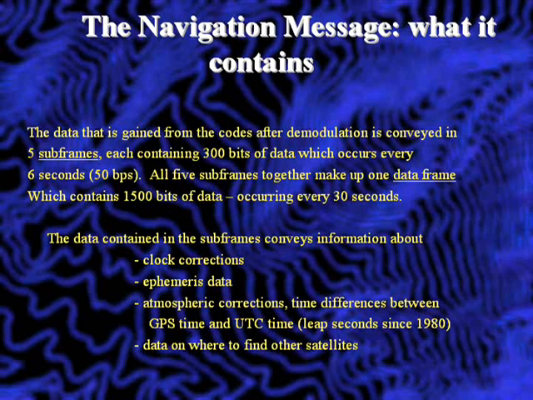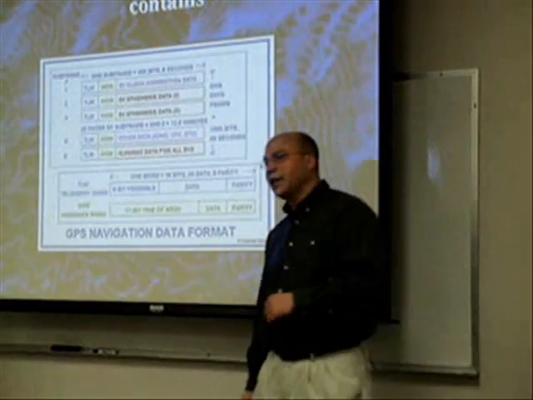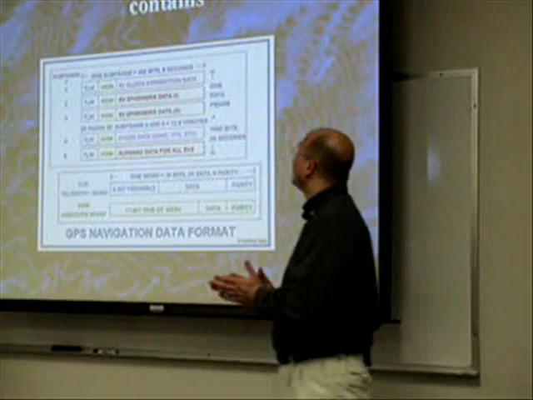Each of these subframes carries specific information, again the navigation message, which has to do with clock corrections, ephemeris data, we'll go into detail on what that means, atmospheric corrections, time differences between GPS and universal time, and data on where to find other satellites. So that's basically the information that we discussed before, all that information that we need to transmit from the satellite to the receiver. Now how that actually works with the subframes is right here.